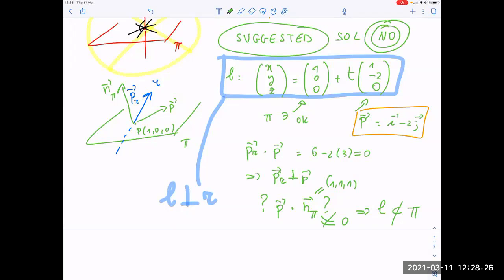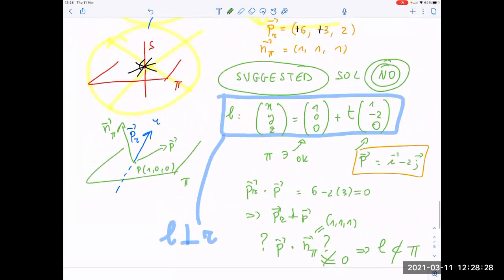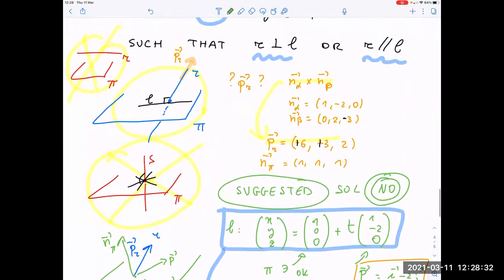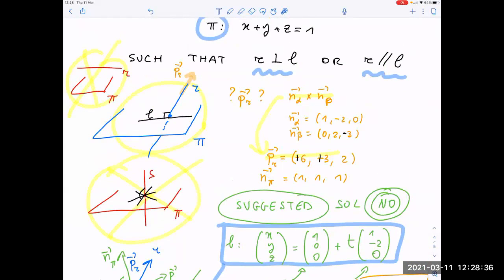Now I see something in the chat. So let me go back here. There is something people are wondering about what happens here. So that number is what we computed. How do we know if this is okay? We take the dot product of these two and we get 6 minus 6, which is 0.